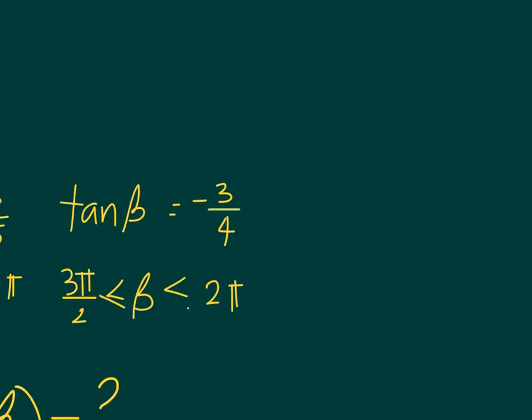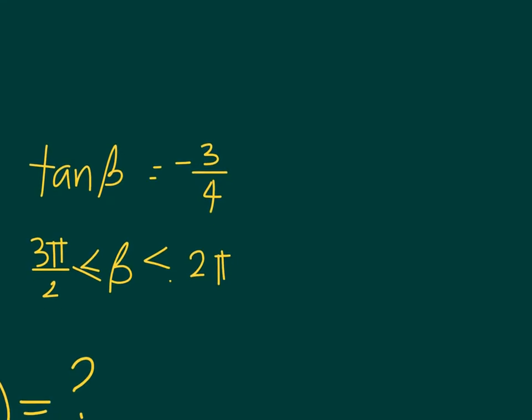Now we go to the cosine of beta. The known information is tangent of beta equal to negative 3 over 4. Tangent, there is SOHCAHTOA, there is x, y, r. If cosine is x over r, and sine is y over r, tangent is y over x. So we apply again x squared plus y squared equals r squared.